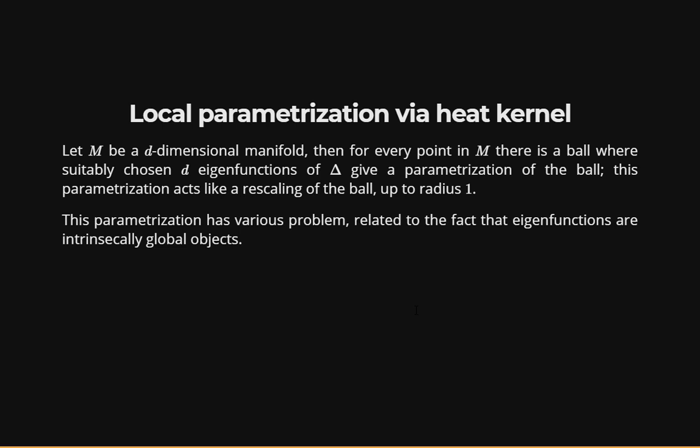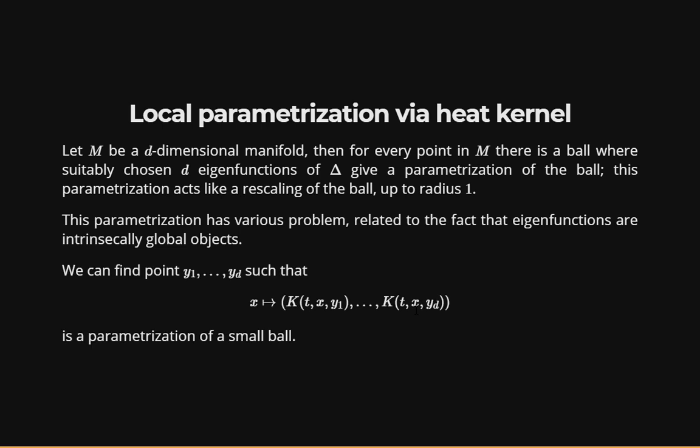So in many applications, we would like to have just local parameterizations, so charts for our manifold. There is an easier way to get these charts: we can find points y1, ..., yd such that the kernel at time t in x and y1, ..., yd is a parameterization of a small ball.